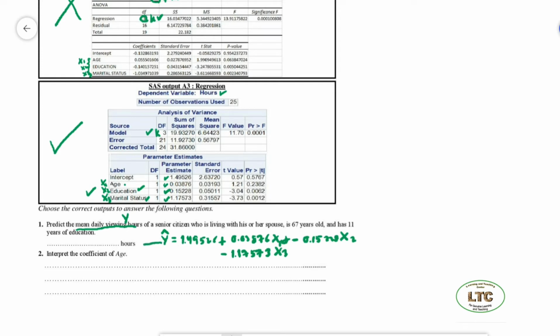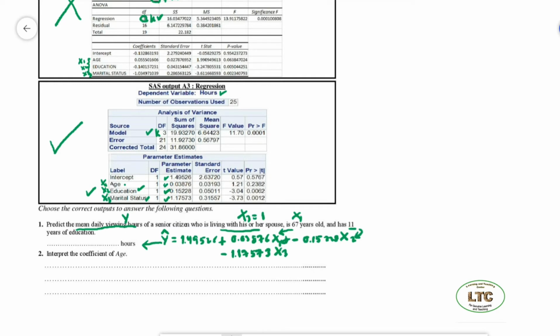For prediction, who is living with her or his spouse, therefore x3 is 1. 67 years old, so x1 is 67. Here you put 67 here, and 11 years of education. So x2 is 11 years in education.